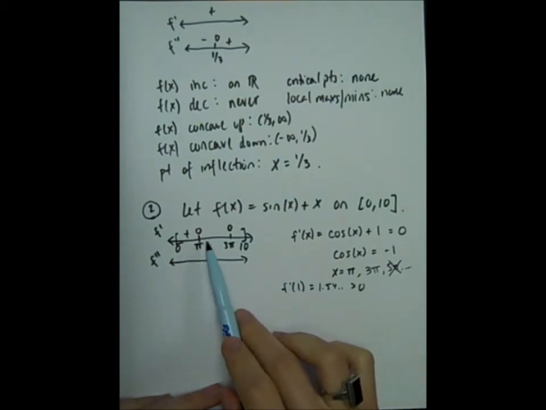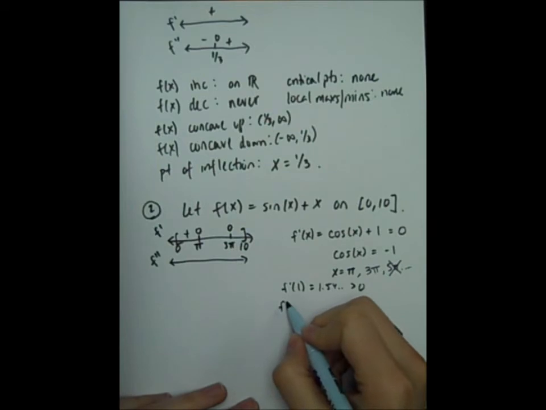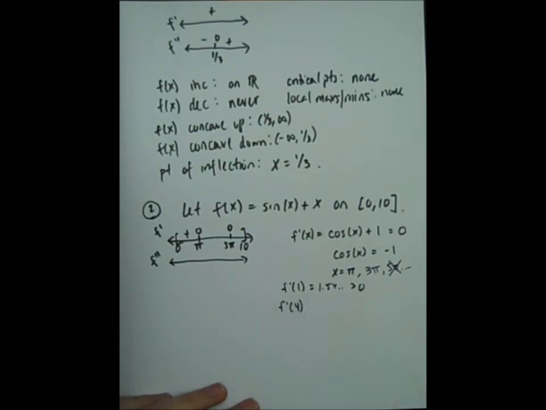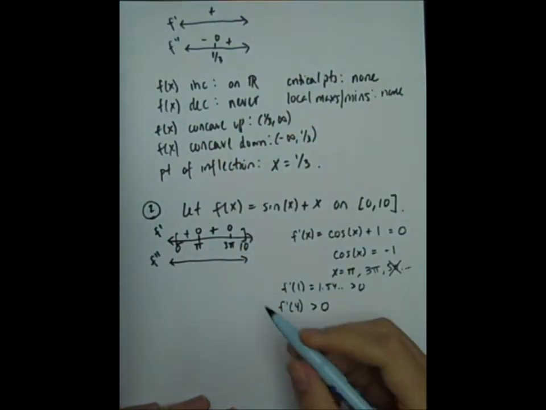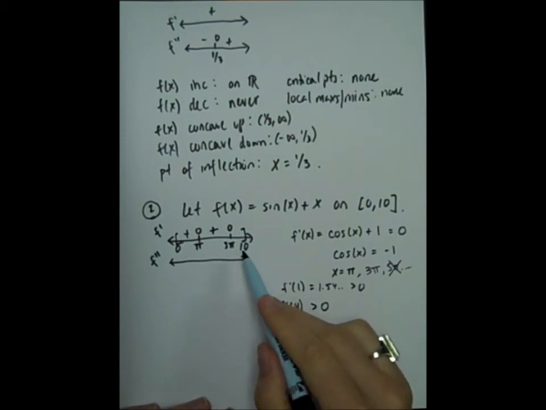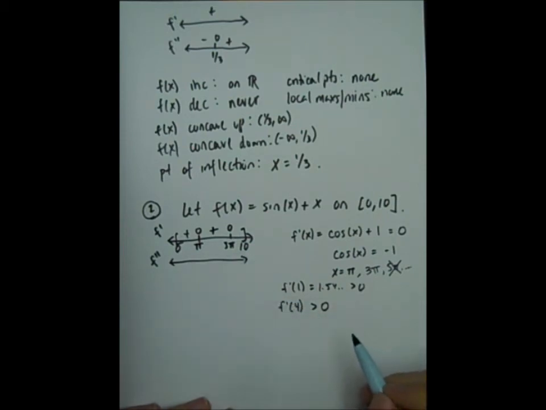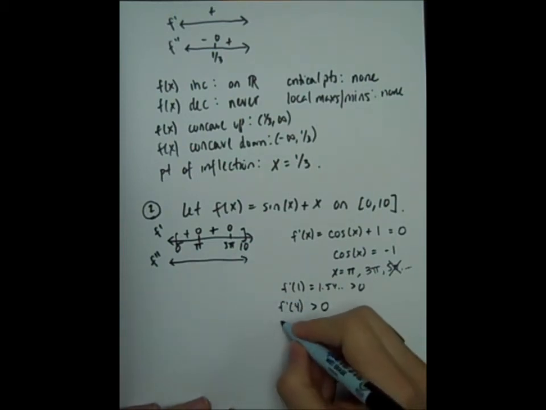Now I need something between pi and 3 pi. How about 4? If I type in 4, I'll get cosine of 4 plus 1, which is, again, positive. And then something between 3 pi and 10. How about 9.9?